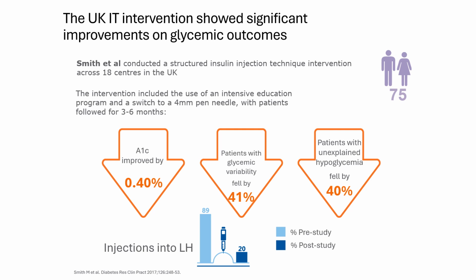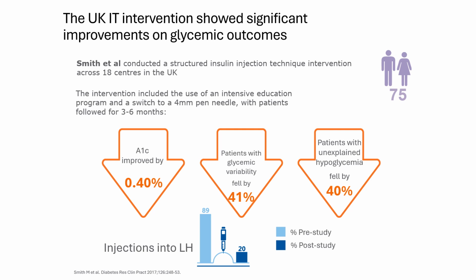The A1C, or 3-month average, improved by 0.4%. When you think about it, metformin, glyburide, gliclazide MR, and the DPP-4 inhibitors reduce A1C by about 0.4 to 0.5%. So this is no medication added, and it's reducing A1C.